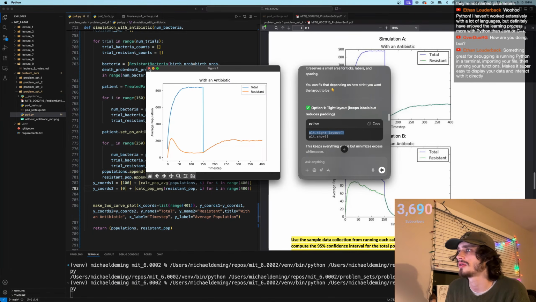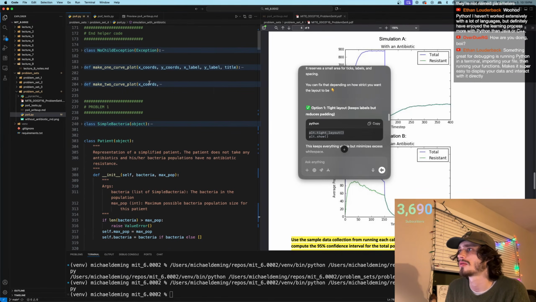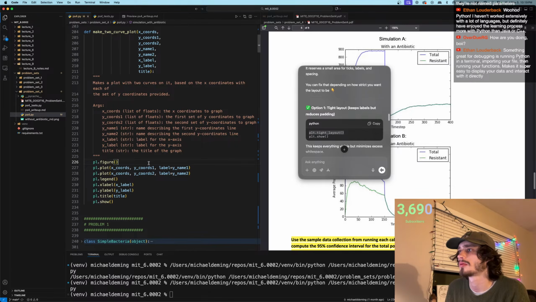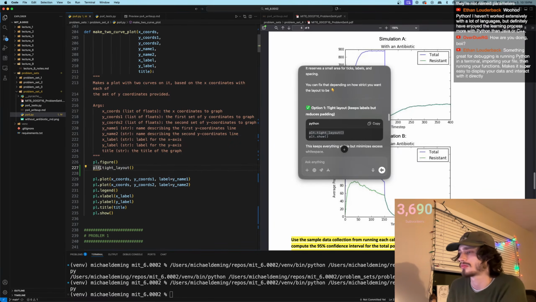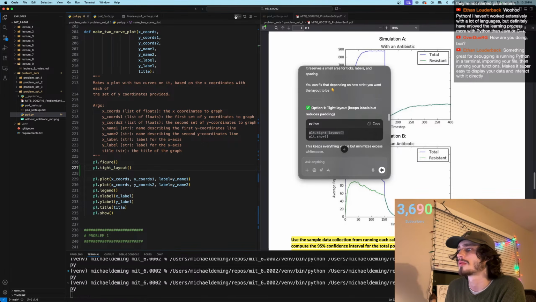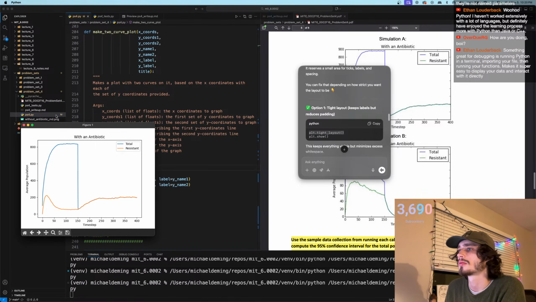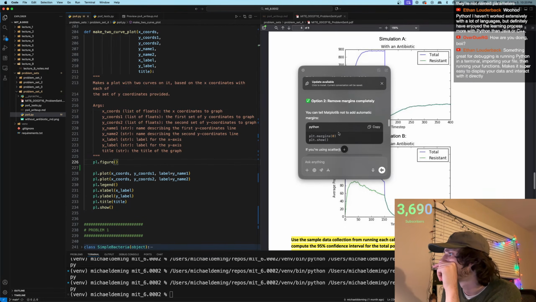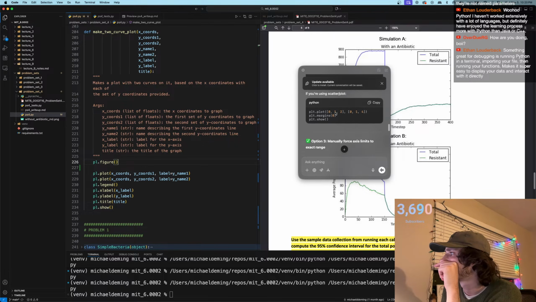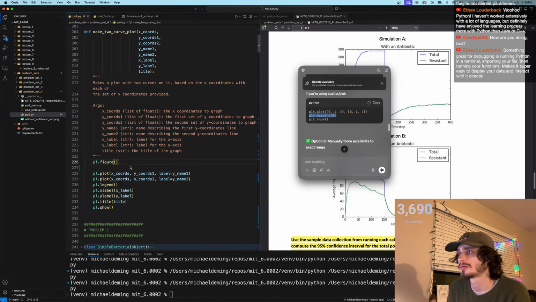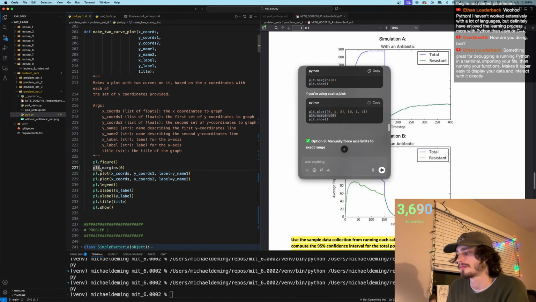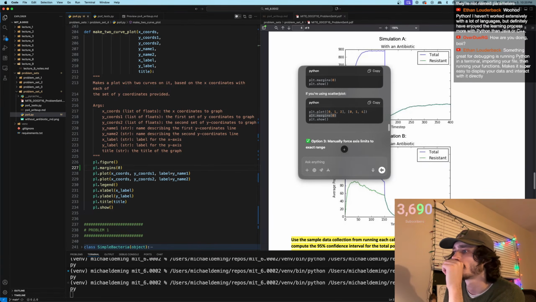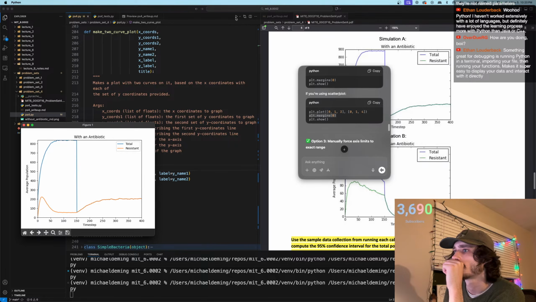Should we add that to it? No, that didn't work. You set margins to 0. Oh, that worked. There we go.